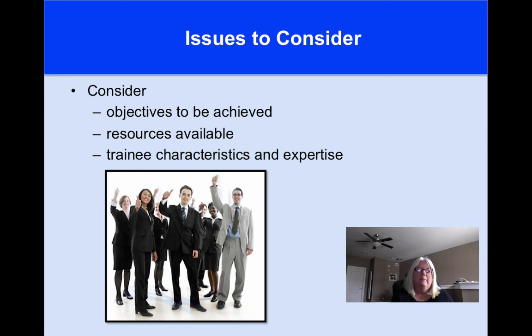Setting up a computer-aided instruction program can be very costly. So we have to consider what resources we have. We have to consider who our trainees are and what their expertise is in the various areas. So all these things would have to come into play when we go to implement our program.